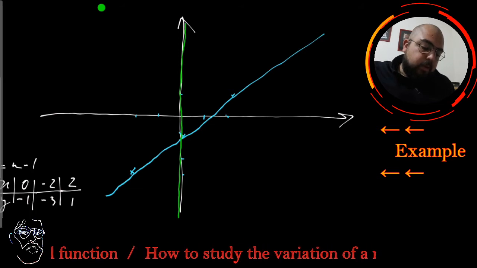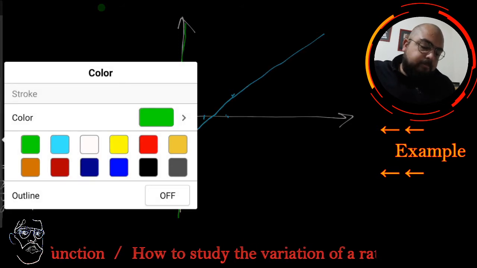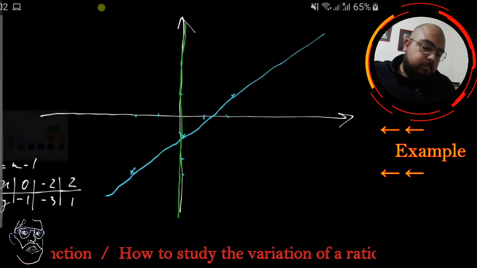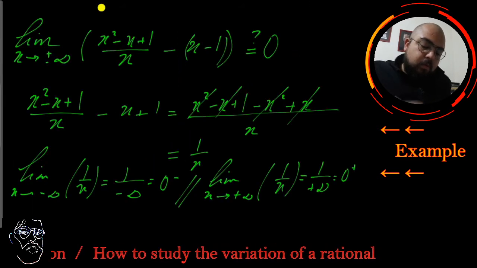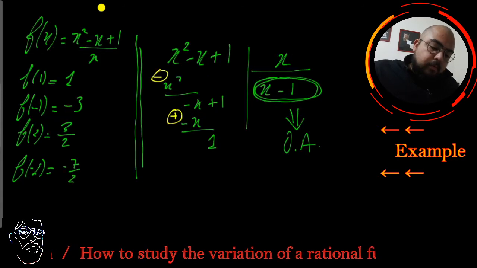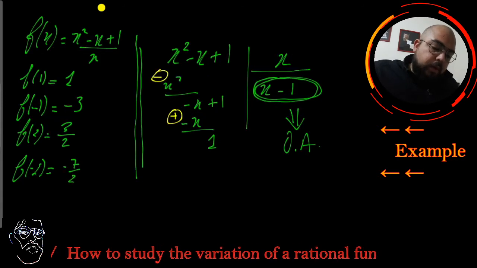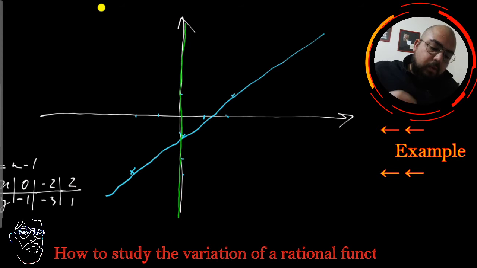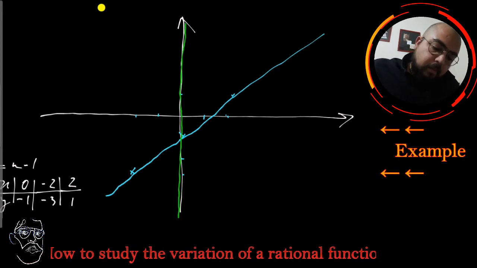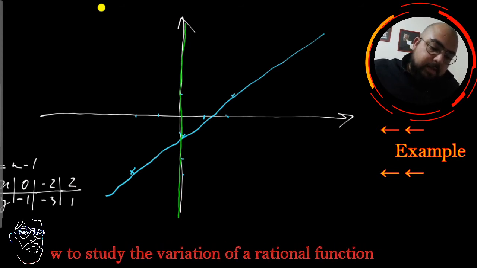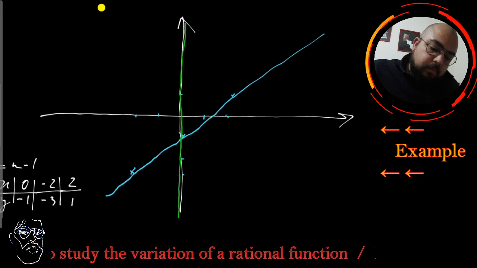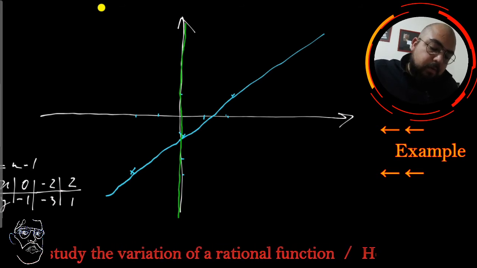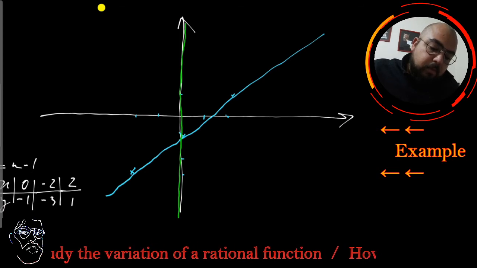Let's check the values. F of 1 is 1, and this is actually a minimum. This is a minimum, yes.